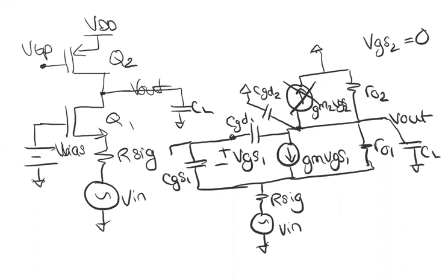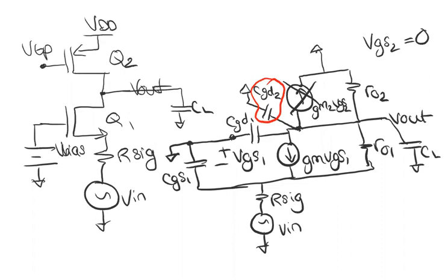The gate of Q1 is ground, and that makes sense because it's a common gate amplifier. Now if you compare this circuit to the resistive loaded high frequency small signal model, you will see there are very few differences. One of the differences is that you have this CGD2 and it's at the output node.